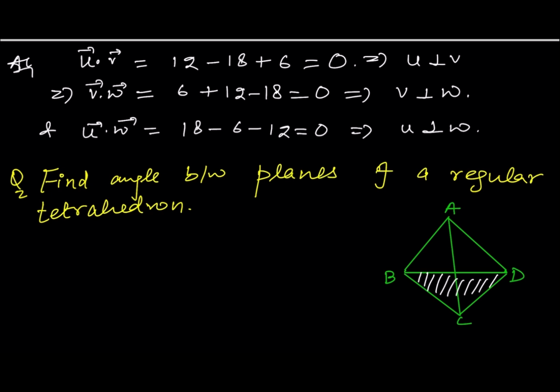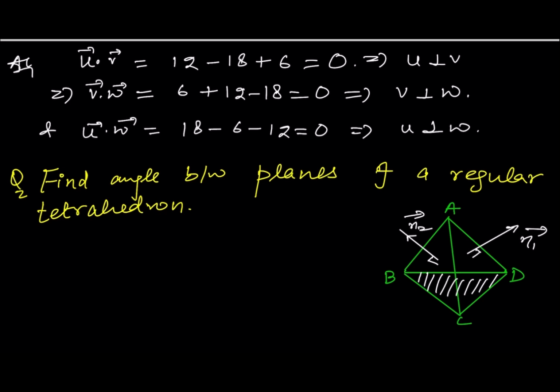So here a normal vector perpendicular to plane ADC is say n1 vector, and a normal vector perpendicular to the plane ABC is say n2 vector, right?